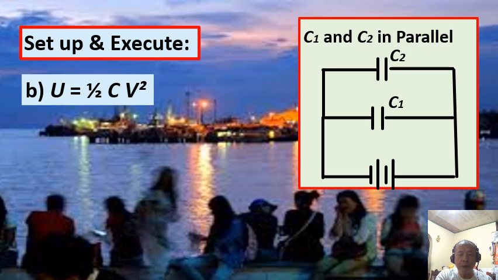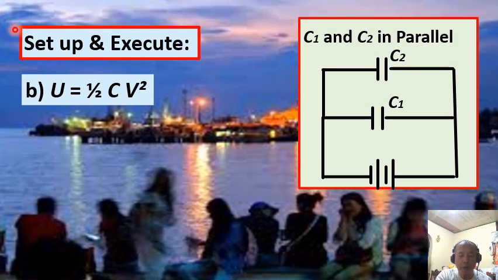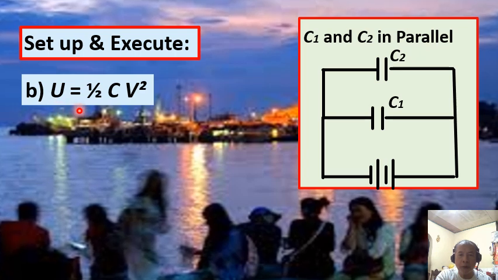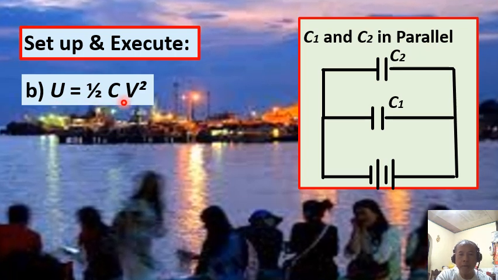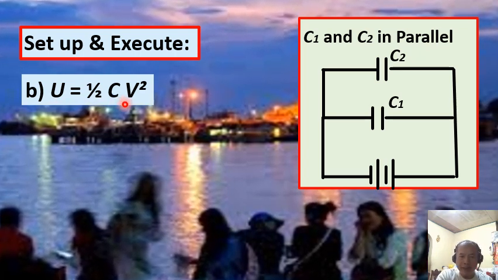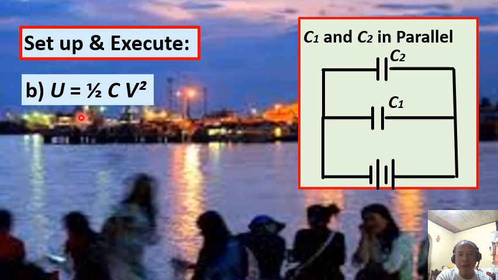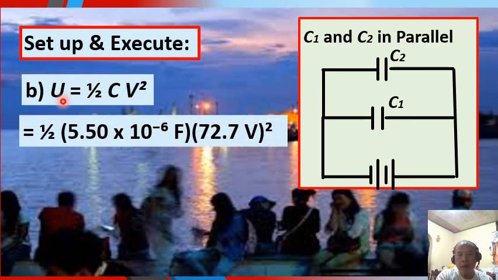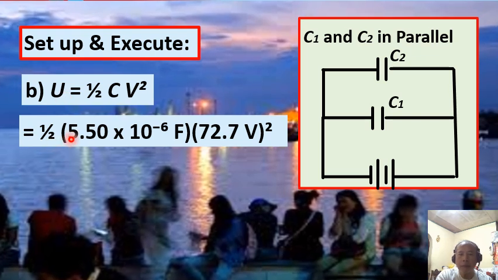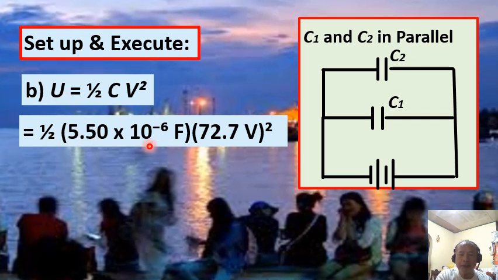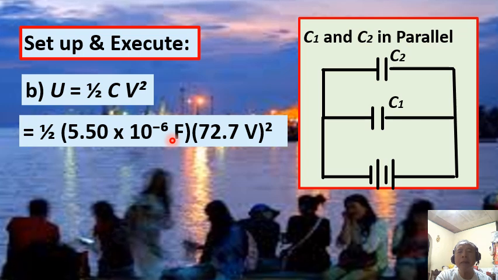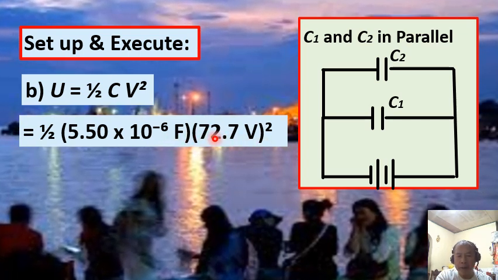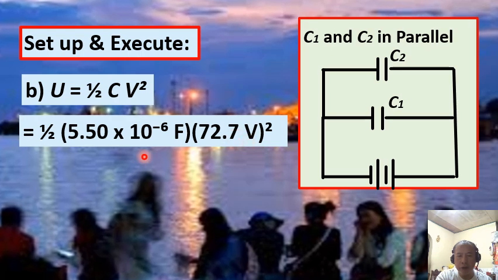So to determine the amount of stored energy, we use the formula capital U is equal to 1/2 the product of the total capacitance and the square of the total voltage. That is, capital U equals 1/2 times 5.50 raised to the negative 6 farad, multiplied by the square of 72.7 volts.